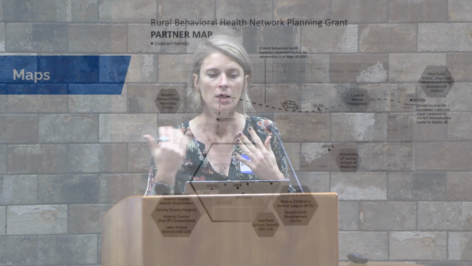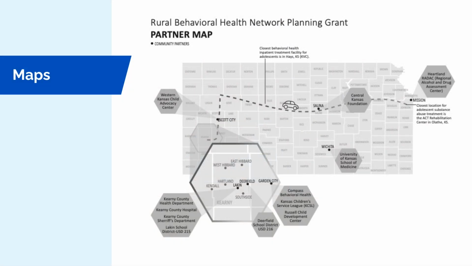Okay, I'm going to go through a few of our graphics, sort of recent things that we've done. This one is a network planning grant. As all y'all know about Kansas, what's happening on the western side of the state versus the eastern side of the state is completely different.